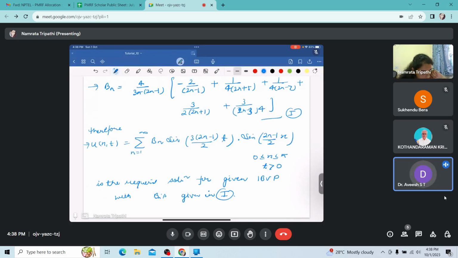The interval of x is 0 to 1. And the boundary conditions u(0,t) is 0 and u(1,t) is 0. Boundary condition, yes, ma'am.